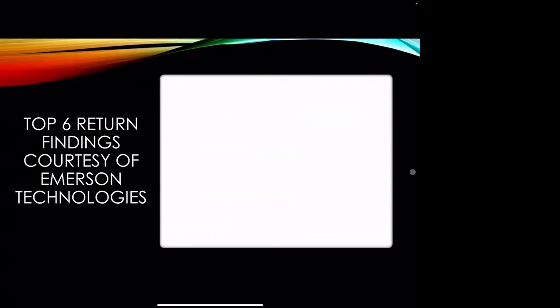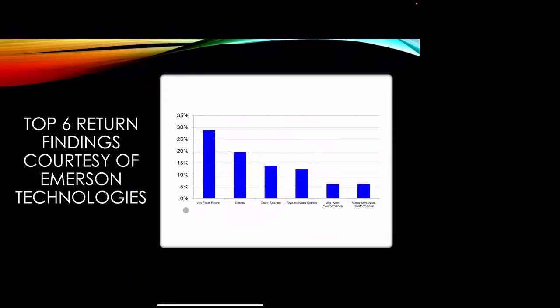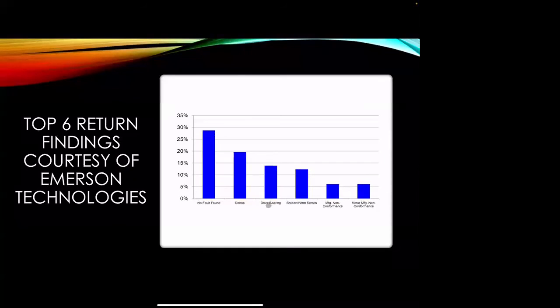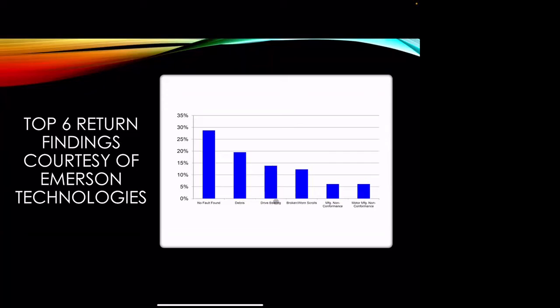The top 6 return findings, again, courtesy of Emerson, right here, almost 30% of them returned, no faults found at all. Less than 20% is debris internally in the system. 14%, 13% or so here is the drive bearing.